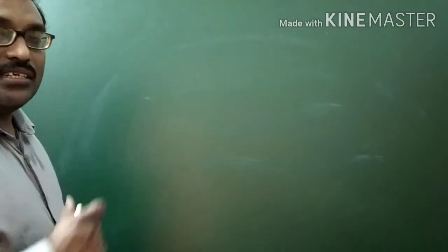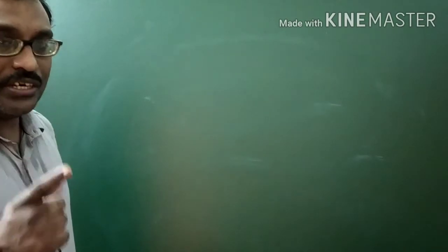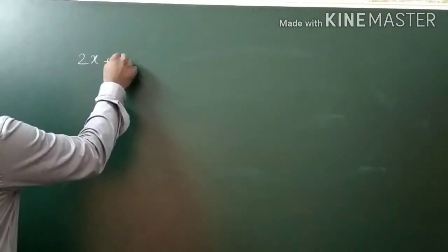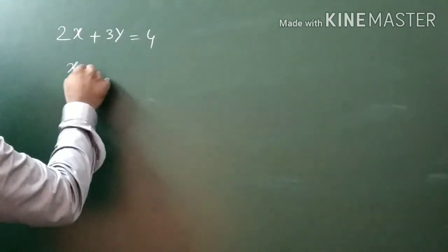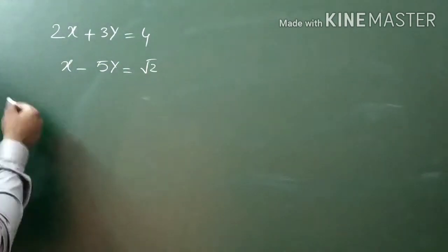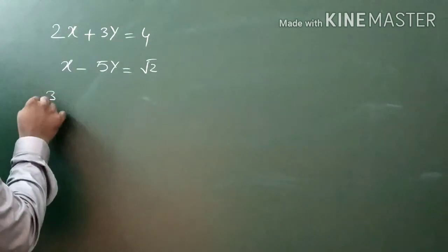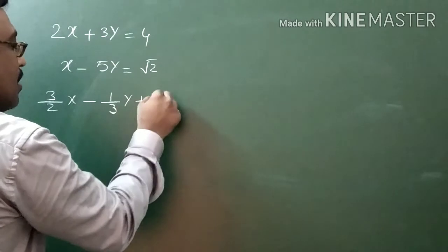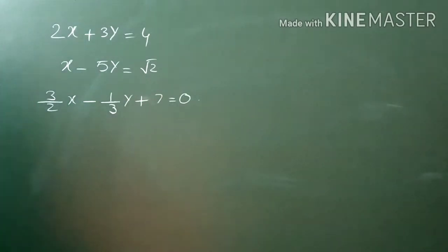Now we will discuss linear equations in two variables. Some examples: 2x plus 3y is equal to 4, or x minus 5y is equal to root 2, or 3 by 2x minus 1 by 3y plus 7 is equal to 0.